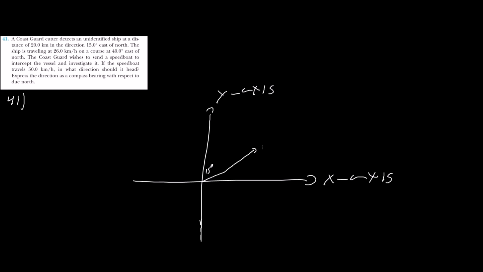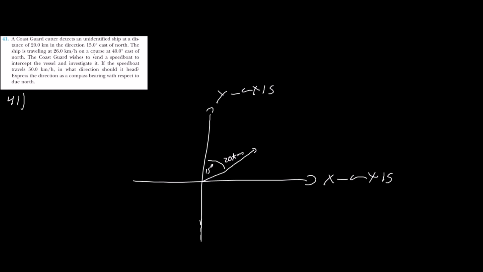And it detects a ship that's 26 kilometers per hour. Wait, what? 20 kilometers in the direction of east and north. All right, so this detects a ship at 20 kilometers at that angle, 15 degrees east of north.